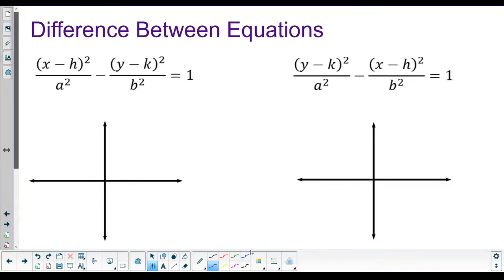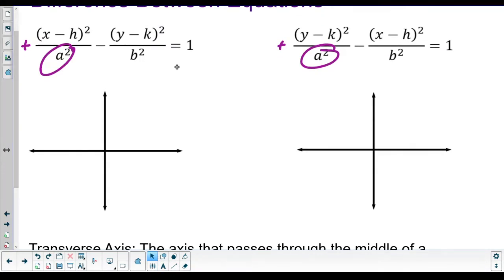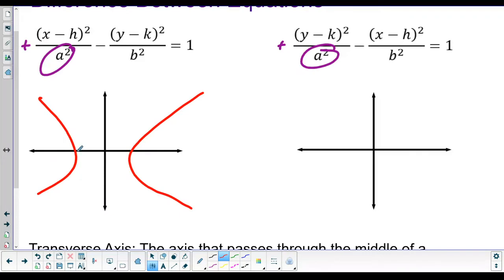I want to point out that the positive term is always the one with the a underneath it. So if our hyperbola is oriented in the horizontal direction, meaning the x term is positive, that means our transverse axis is in the x direction. Our transverse axis is this. It doesn't necessarily go all the way through.